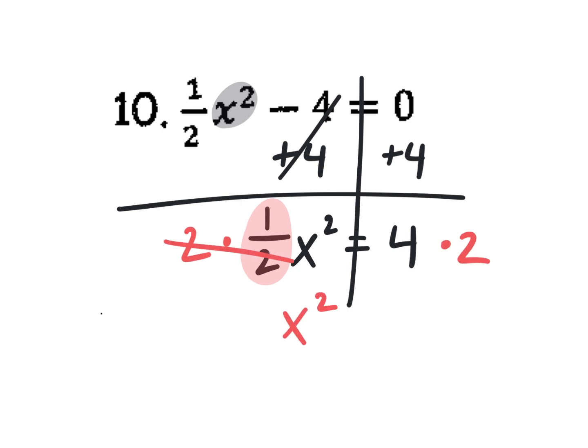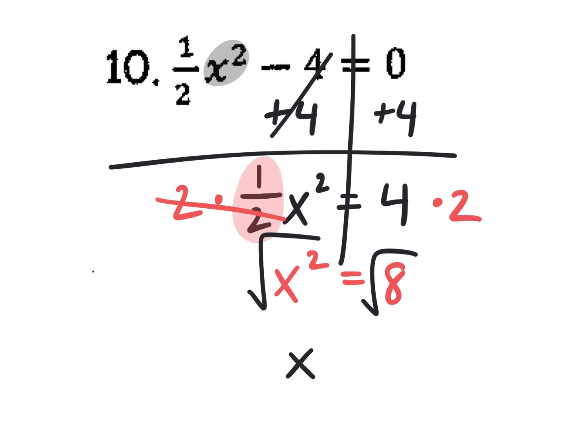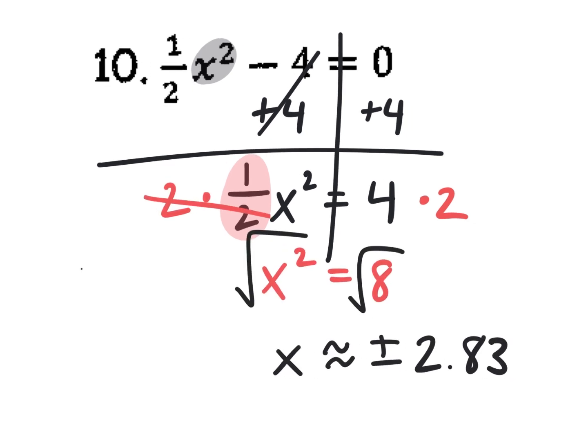So I get x squared equals 8. And then to get rid of the little 2 there, I'm going to take the square root of both sides. And we get that x is approximately plus or minus 2.83. Okay, so round it to the nearest hundredth there.